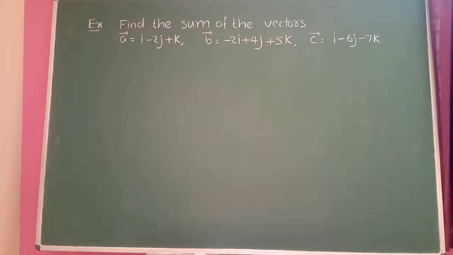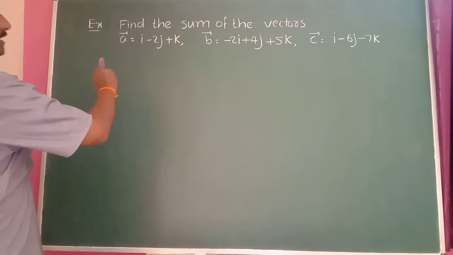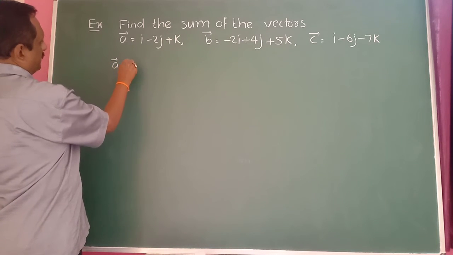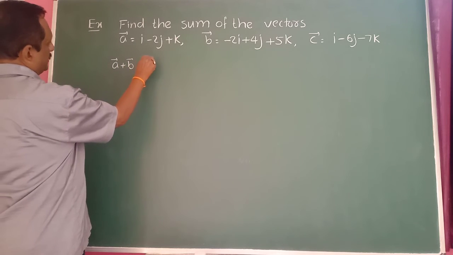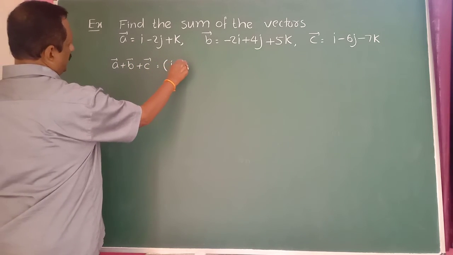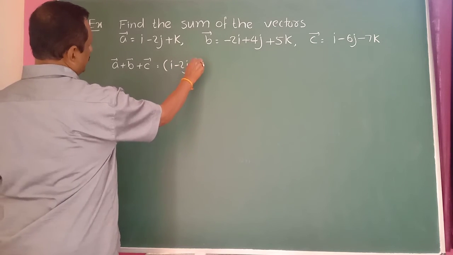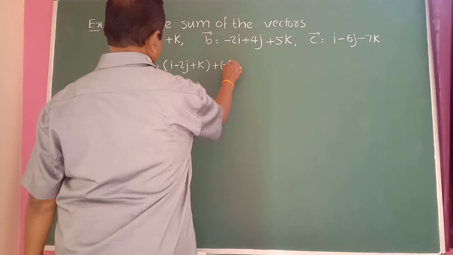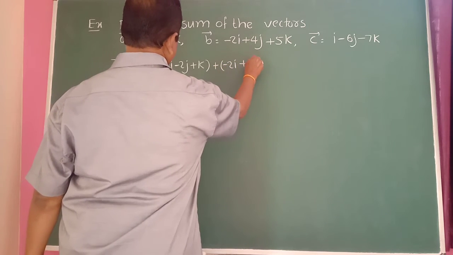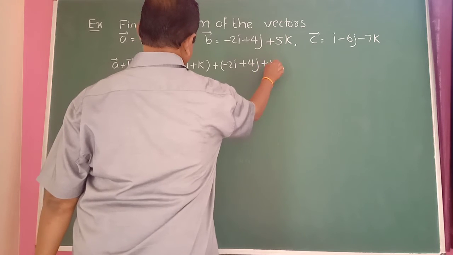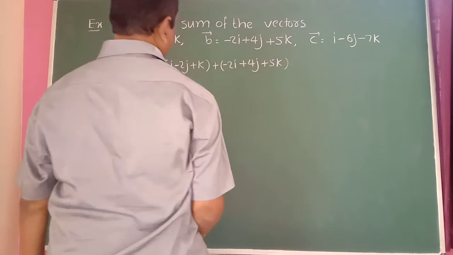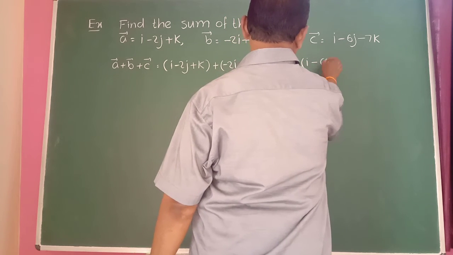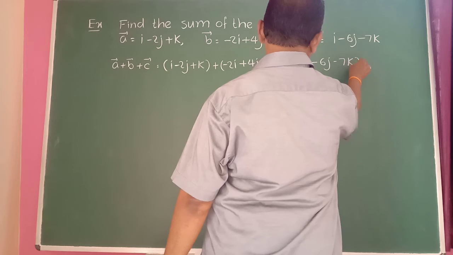So find the sum of the vectors. 3 vectors are there. So therefore a bar plus b bar plus c bar is equal to i minus 2j plus k, then plus minus 2i plus 4j plus 5k, then plus i minus 6j minus 7k.